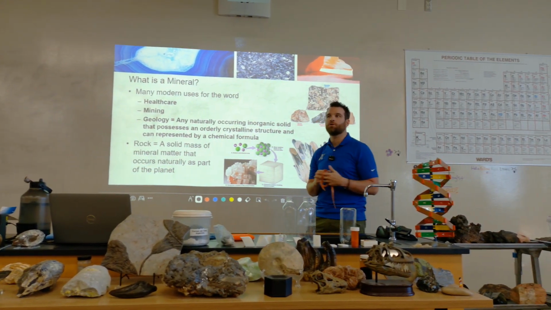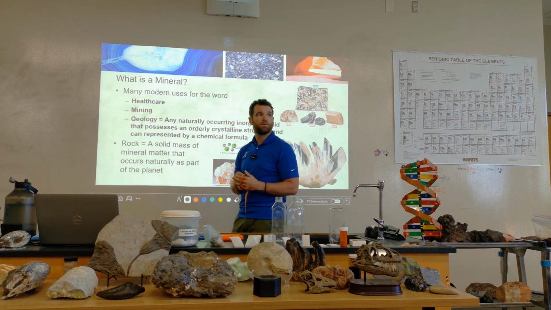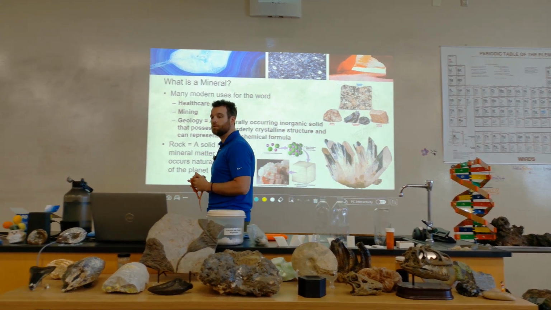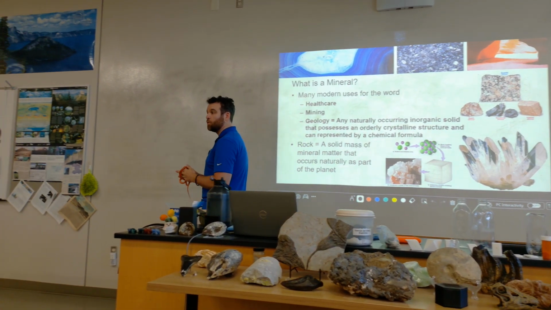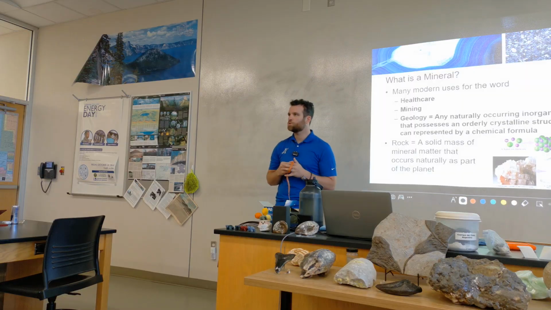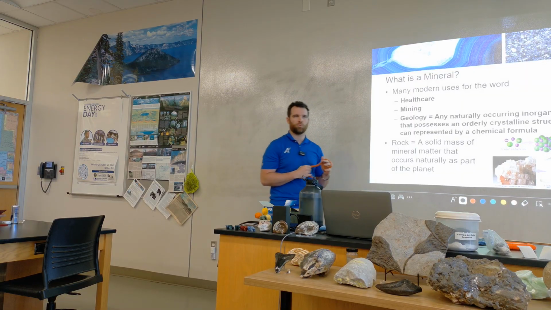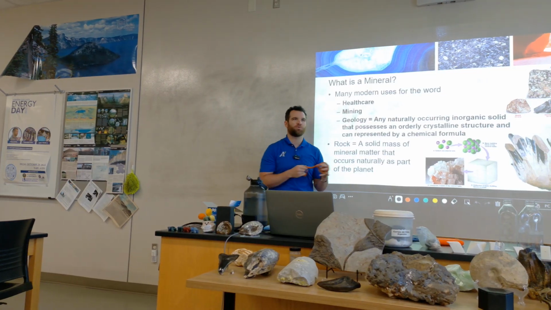Any naturally occurring inorganic solid that possesses what? Orderly crystalline structure. Yes, it needs to have a crystalline structure. We'll talk more about exactly what that means here in a little bit. And can be represented by a chemical formula.